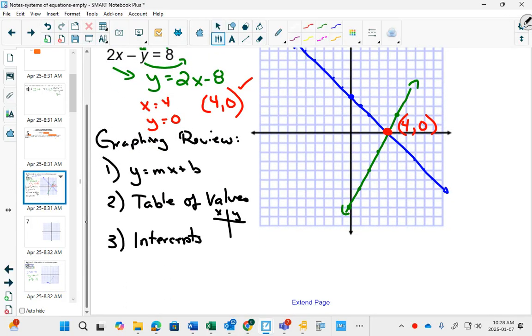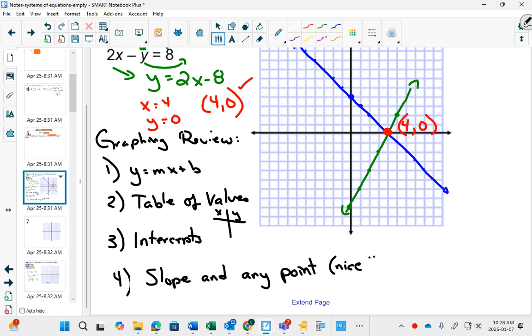What else could I do? I could do a table of values. I'm going to add a fourth one on here. Maybe you want to go back and add this as well. We could also graph if we had the slope and any point, and in brackets I put, I'd like a nice point.